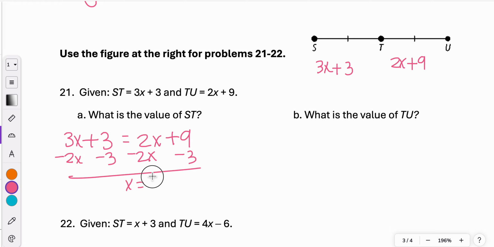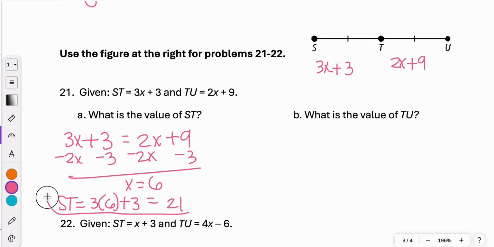So x is equal to 6 for 21a, but I want ST, so ST is equal to 3 times 6 plus 3, or 18 plus 3, which is equal to 21. Okay, the value of TU would also be 21 since it's showing us that ST is equal to TU, so TU equals 21.